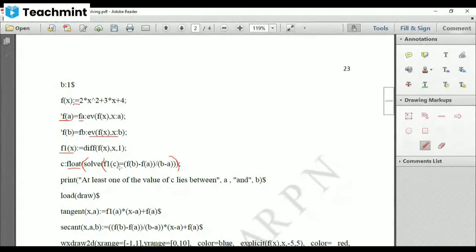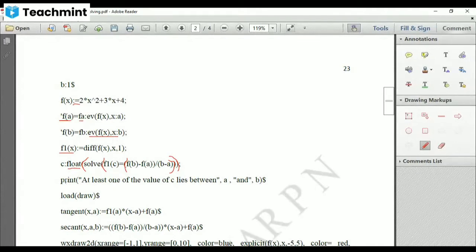So f1 of c equal to, within this bracket, f of b minus f of a divided by b minus a. Let us display this, so you'll get the c value, right?